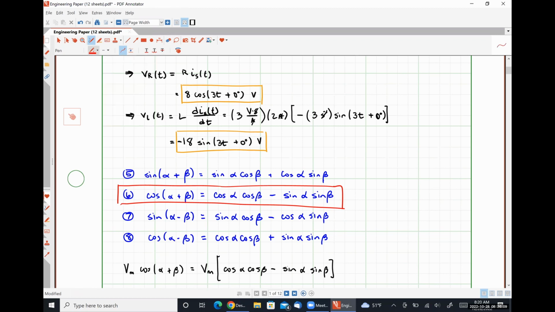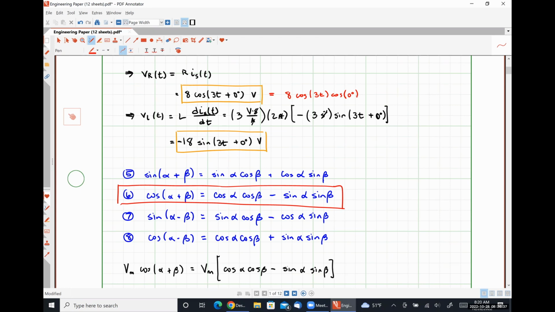This could be rewritten as 8 cosine 3t cosine 0 degrees, where cosine of 0 degrees is just 1.